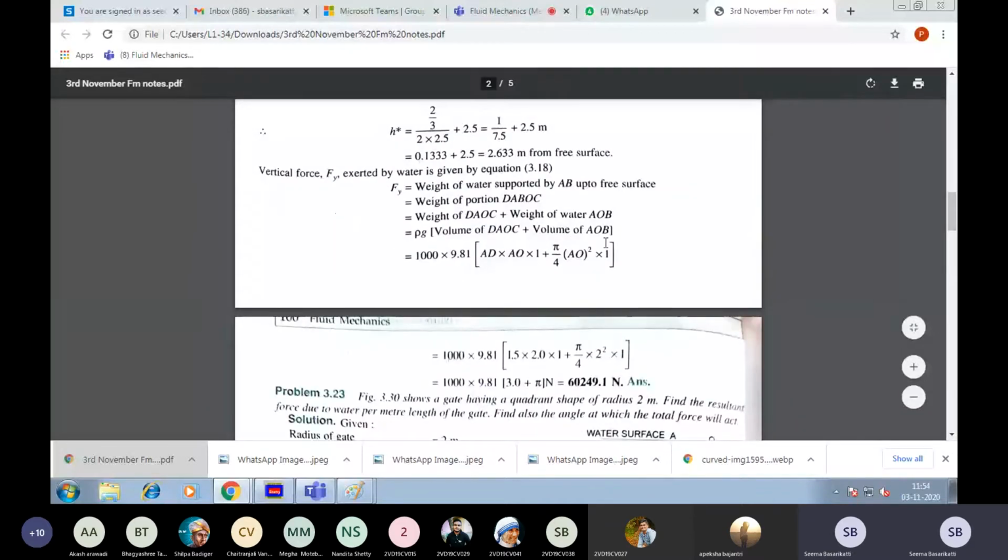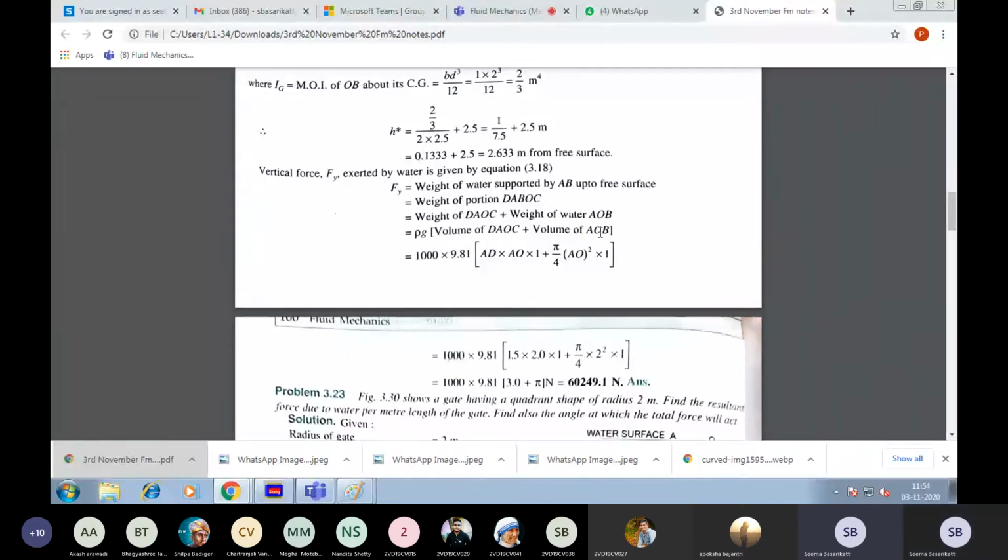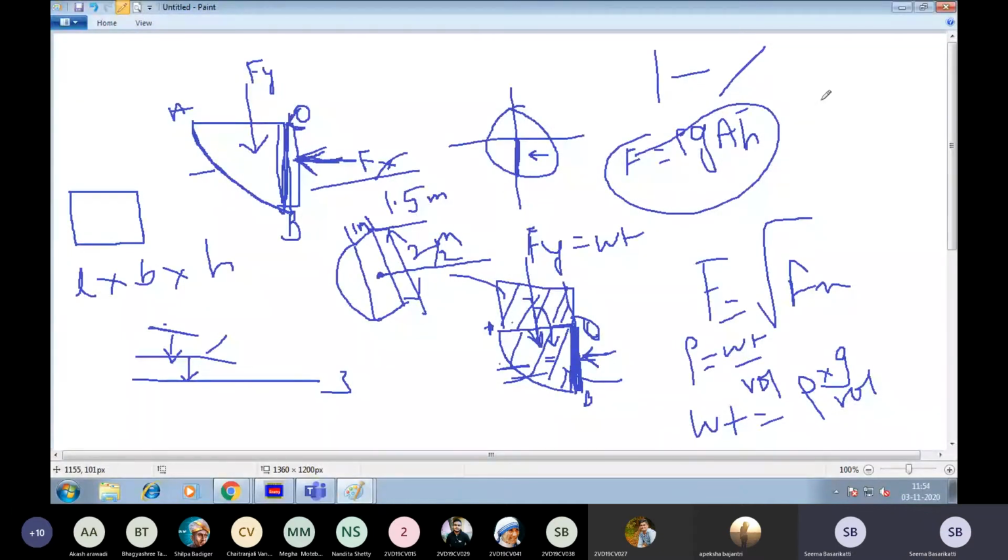Simultaneously, how are we going to identify the volume of the triangular portion?